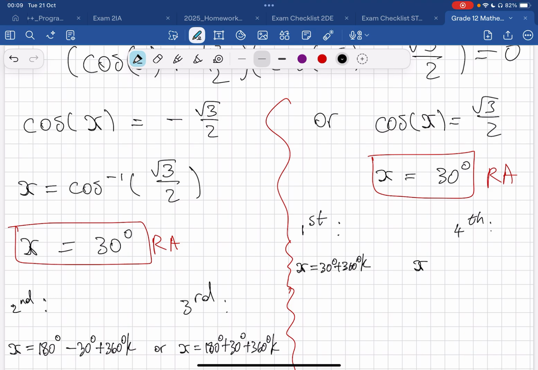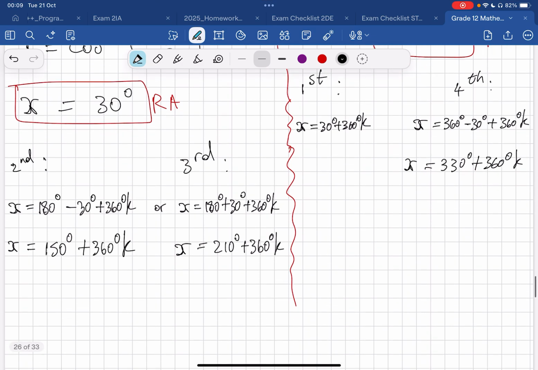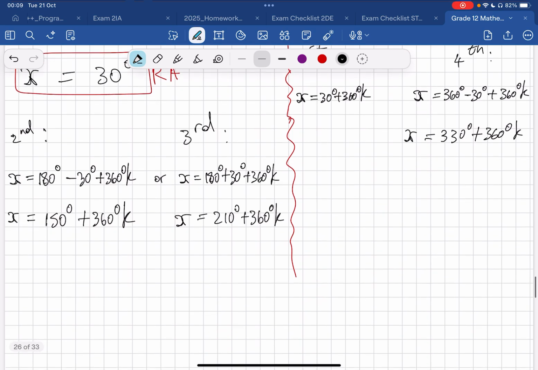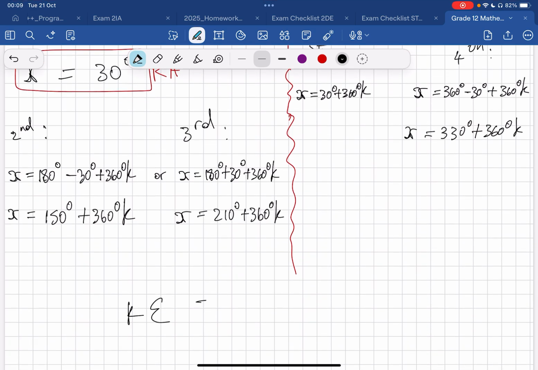For the fourth quadrant it is going to be 360 degrees minus 30 degrees plus 360 degrees k. And this is going to be x is equal to 330 degrees plus 360 degrees k. And that is the full solution for this question. And don't forget to say k is an integer.